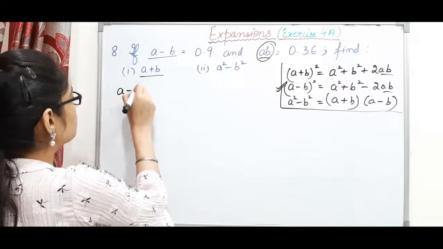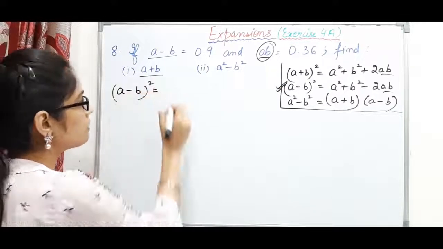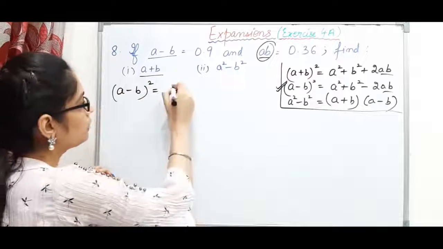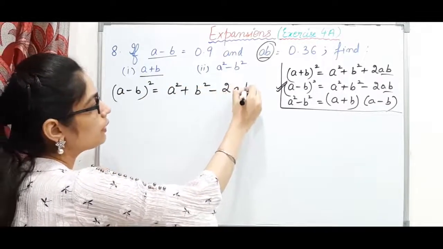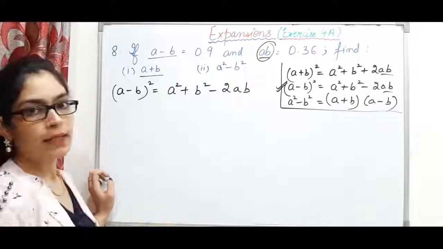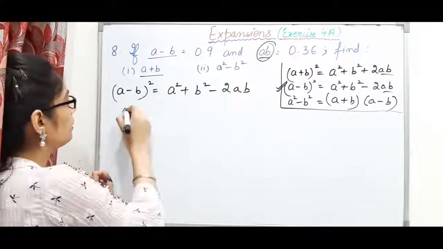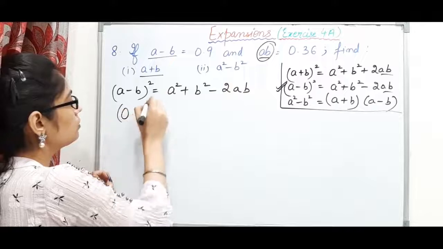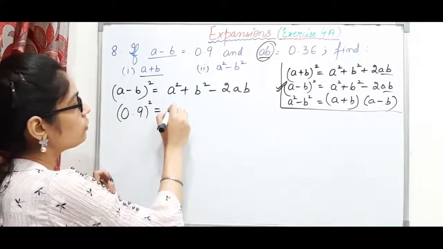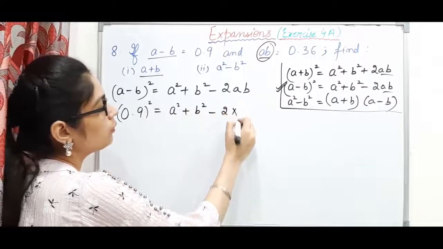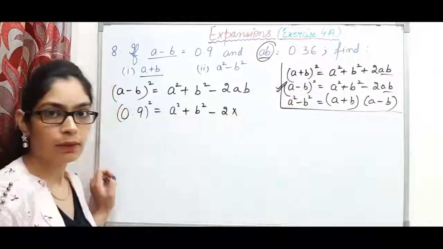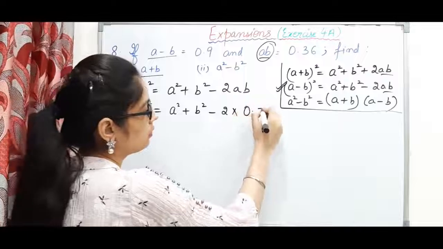So (a minus b) whole square is equal to a square plus b square minus 2ab. a minus b is 0.9, so I will substitute the value 0.9. a square is not given, b square is also not given. 2 into ab. See, ab is given to us, 0.36.